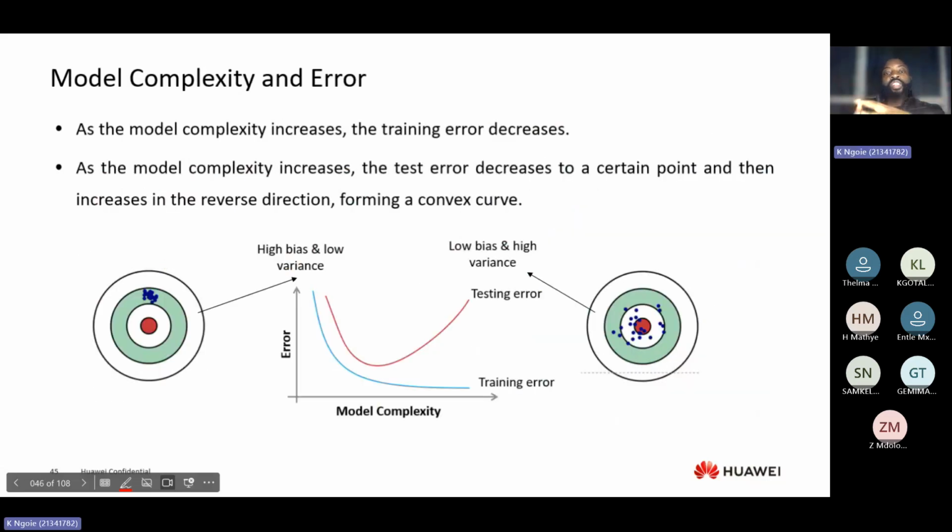Okay, so now when we are testing the model, it's very important for us to know when to stop training. Because remember, you are training and validating all your data and measuring the error. As we are doing that, sometimes we get to a point where, as you are training, you have, for example, a high variance and high bias and low variance.